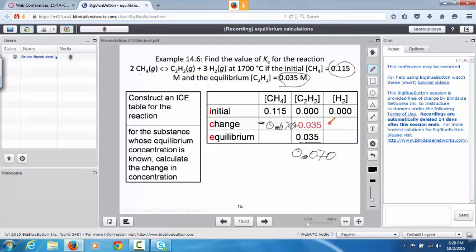So what's 3 times 0.035? That's 0.105, so this would be a plus 0.105.